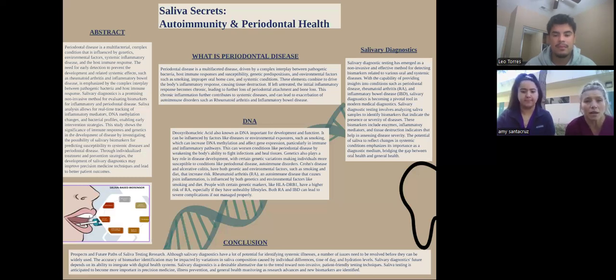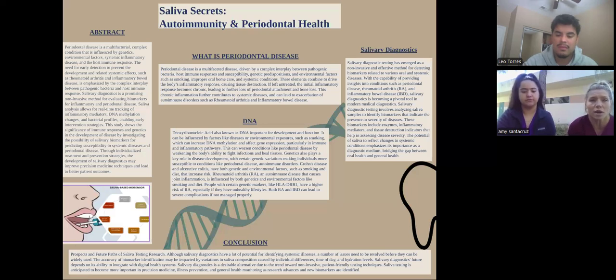It starts with plaque accumulation, leading to gingivitis, which is an inflammation of the gum tissue. And if left untreated, this inflammation leads to periodontal disease, where the body's immune system becomes destructive, breaking down soft tissue and bone surrounding the teeth. So key bacterial culprits are going to be Porphyromonas gingivalis, Treponema denticola, and Tannerella forsythia.